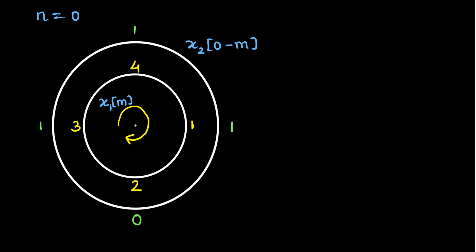So for n equal to 0, we have the position of x1 of m as it is, that is 1 2 3 4, and this is x2 of 0 minus m, that is we simply have x2 of minus m. So we had seen that it is given as 1 1 1 0, and now what we need to do is just multiply these corresponding elements.